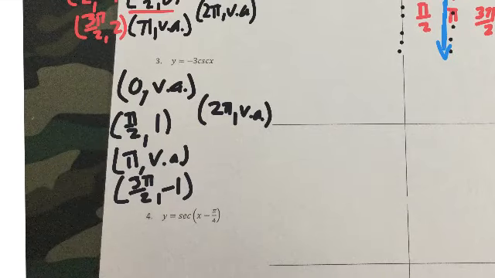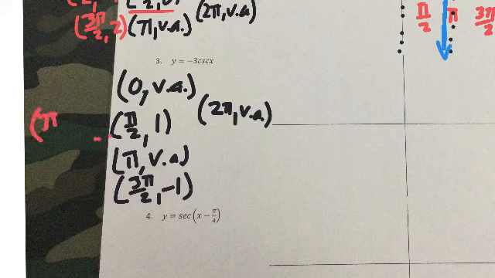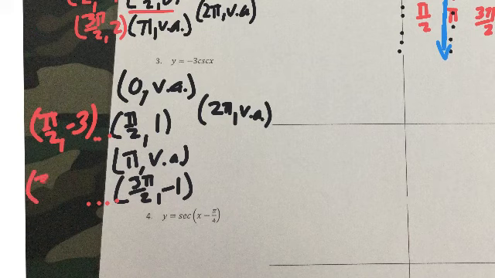But these points here at 1 and -1 will be changed. So remember, on the outside, that affects the y's. So we could think about multiplying these y's by -3. So now instead of being pi over 2, 1, it's going to be pi over 2, -3. And instead of being 3 pi over 2, -1, that's going to be 3 pi over 2, +3.